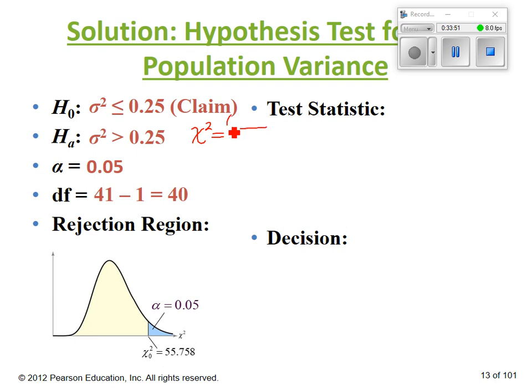It was n minus 1 times s squared over sigma squared, right? Is that the right formula? N was 41, so that's just going to be 41 minus 1 is 40 times s squared. They already squared this for you this time.